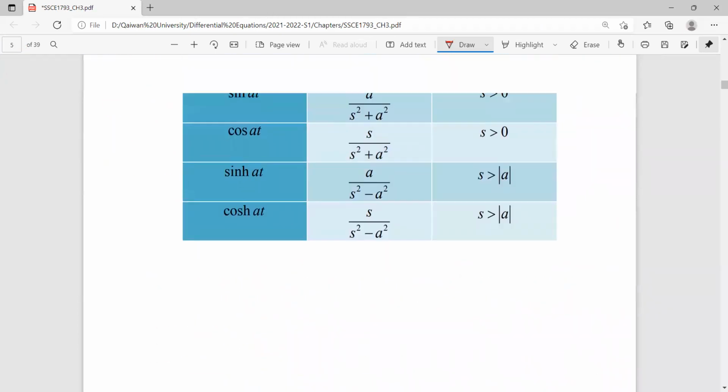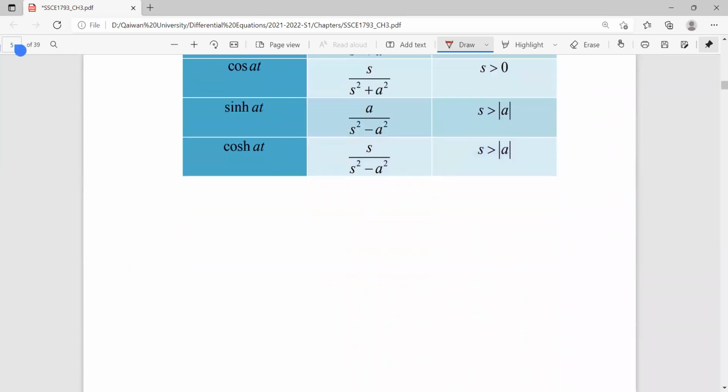Let's take some examples here about what you say. If we have, let's say, f of t to be 3 minus e to the power 2t. How about this one? What's the Laplace transform for this function? We take the Laplace transform for this, and that separates.